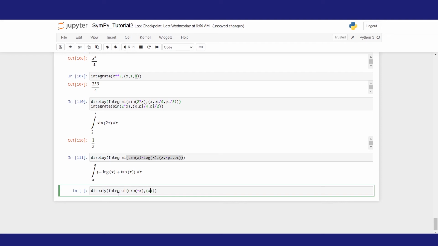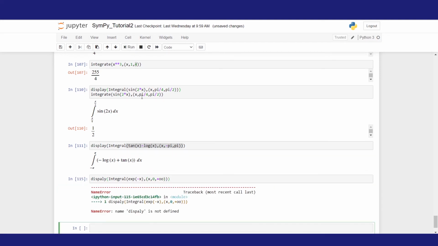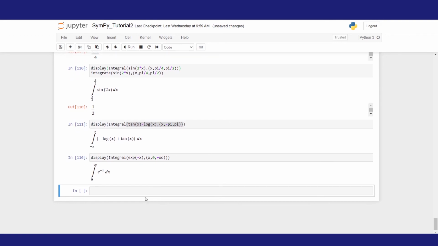So I have my x, 0, and then the positive infinity, which is the oo. Let's try to see this. Oh, display has an issue here. If I run that again, this is what we have.